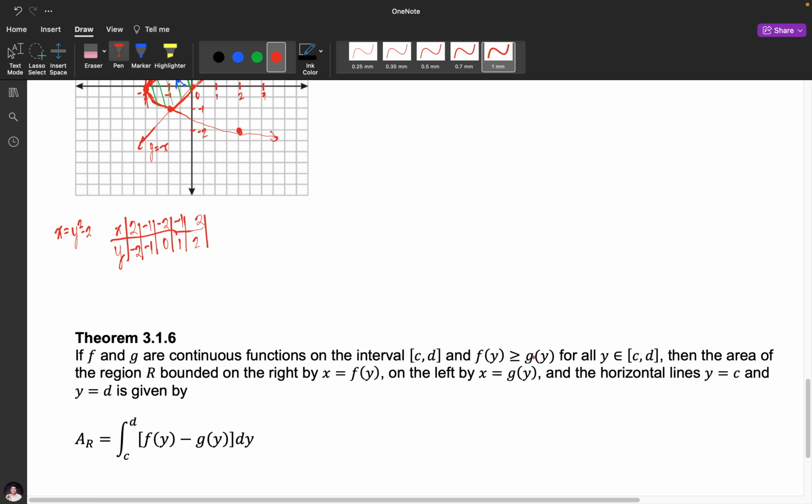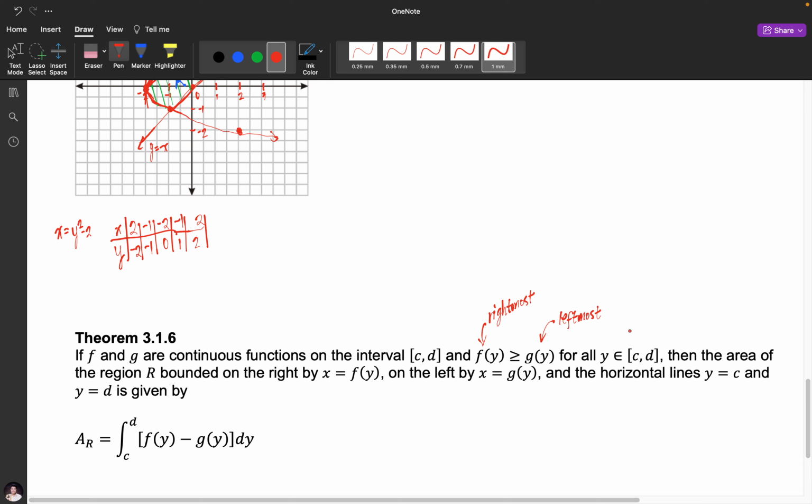But if we will look at our functions in terms of y, which is f of y and g of y, instead of looking for the upper function na f of x, magiging rightmost function siya. So this is again the rightmost function. And g of y is the leftmost function. Kasi nga, f of y is greater than or equal to g of y, for all y in the closed interval CD.